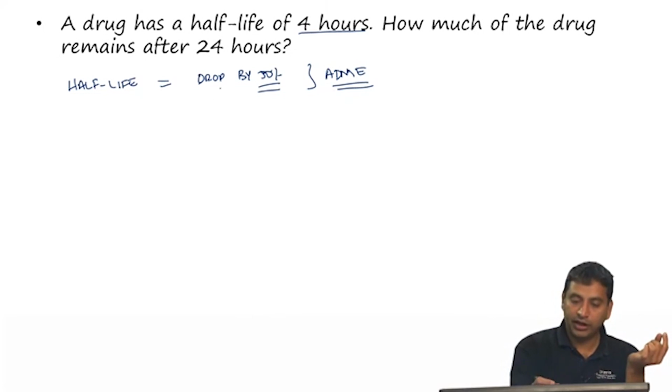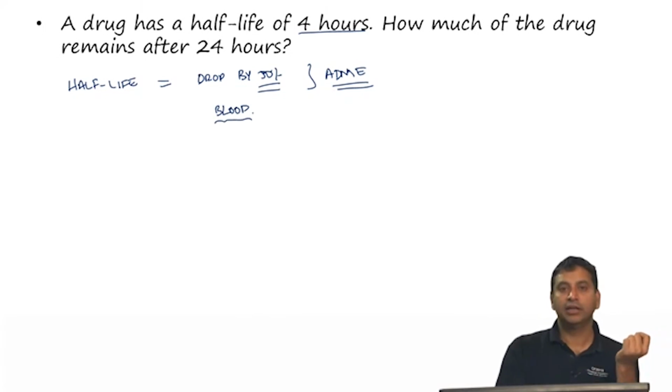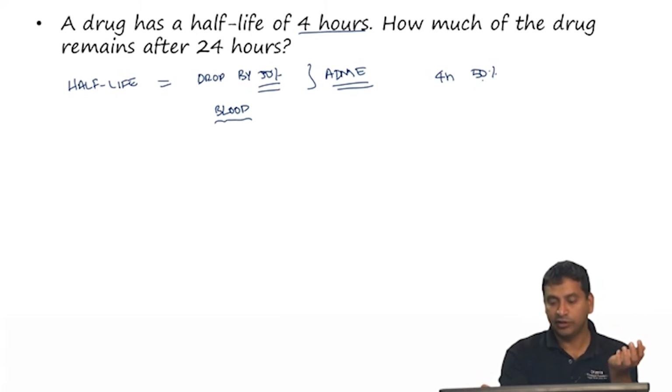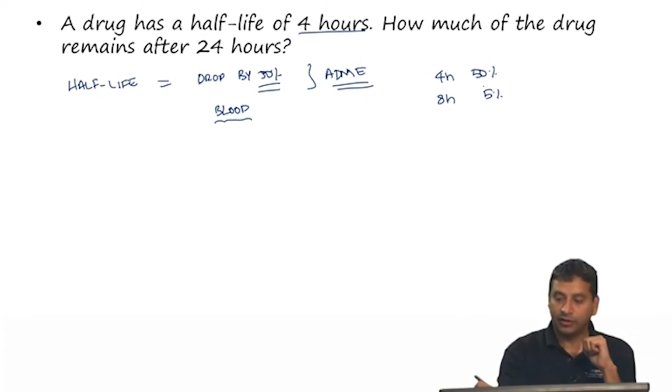And so, what we are looking at is in the blood. Now, the question here is, after 4 hours 50% remains. So, let us write them down, 4 hours 50%, which means that in another 4 hours, 8 hours in total, 50% of this number would go down, which means that 25% would still remain.